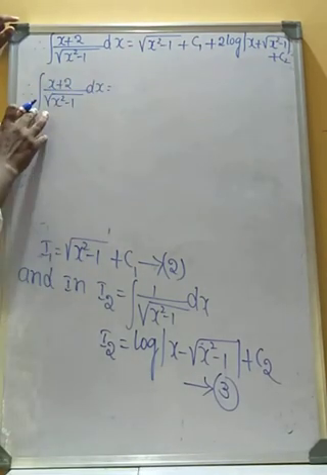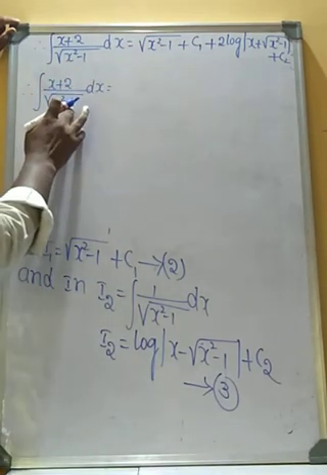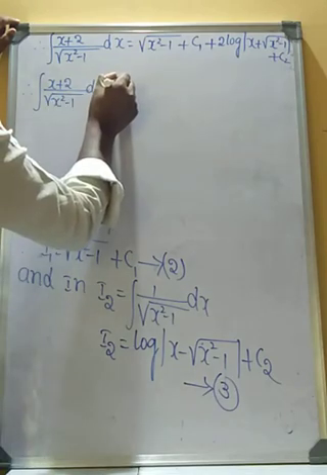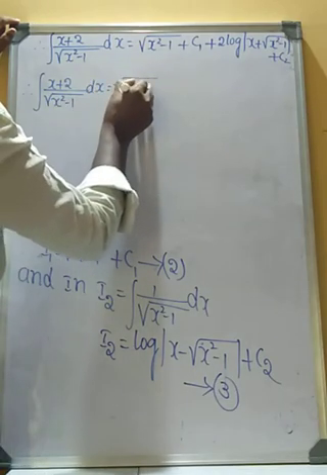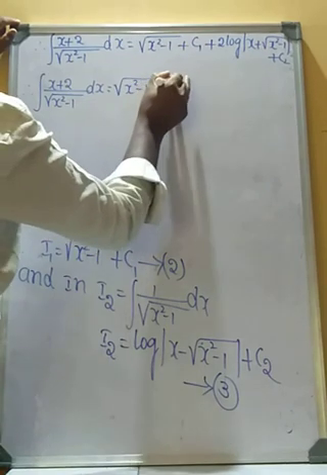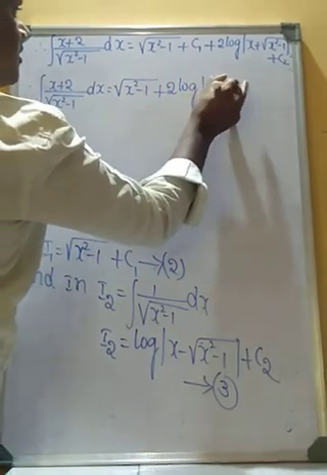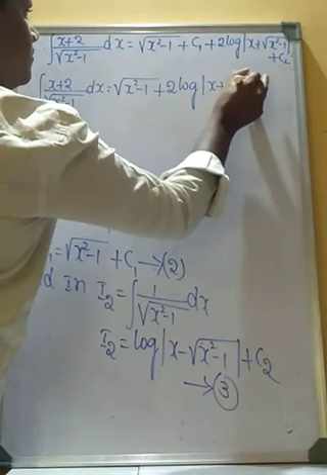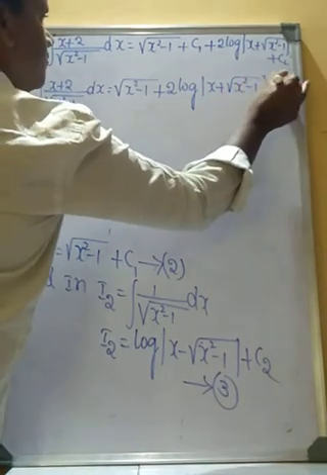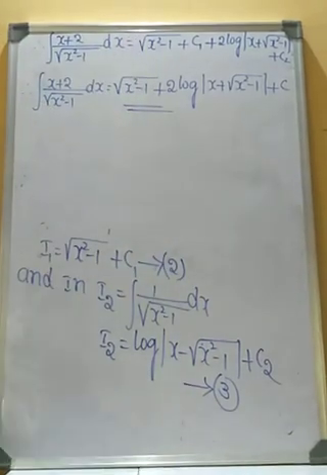Therefore the integral of (x plus 2) by root of x square minus 1 into dx is root of x square minus 1 plus 2 into log of mod x plus root of x square minus 1 plus c. That is the answer.